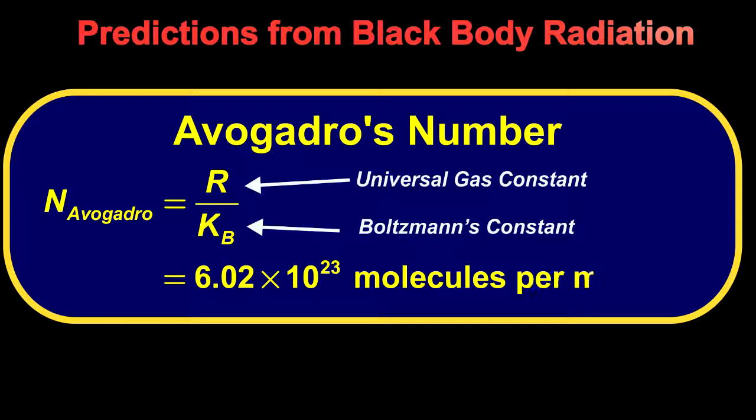And for the first time in history, Planck knew that the number of molecules per mole is 6.02 times 10 to the 23rd. Thus, measuring blackbody radiation allowed scientists to calculate the number of atoms in a mole. Are you surprised? You should be.